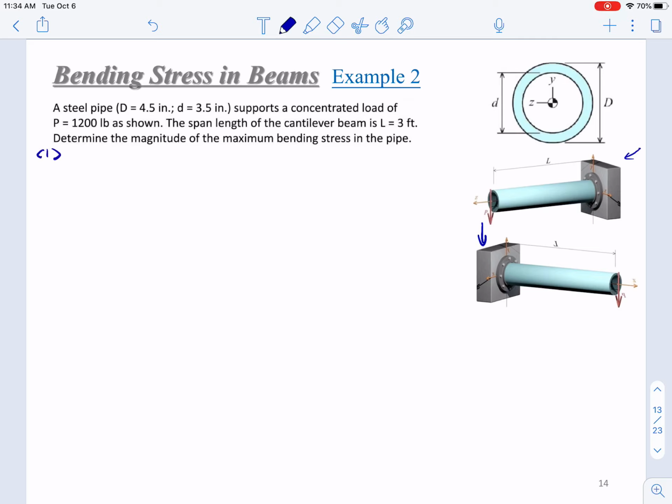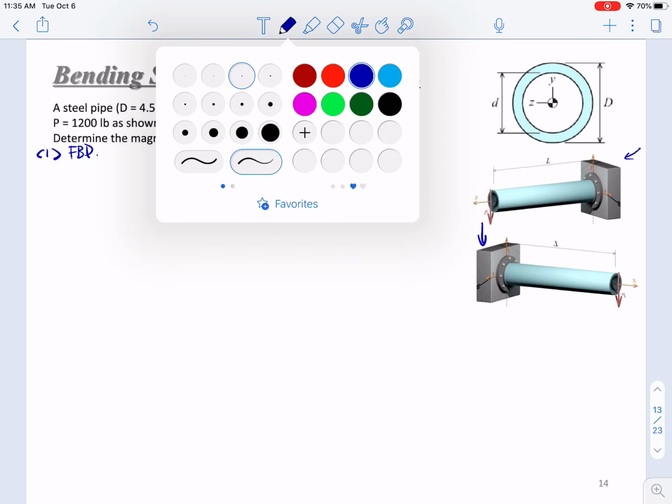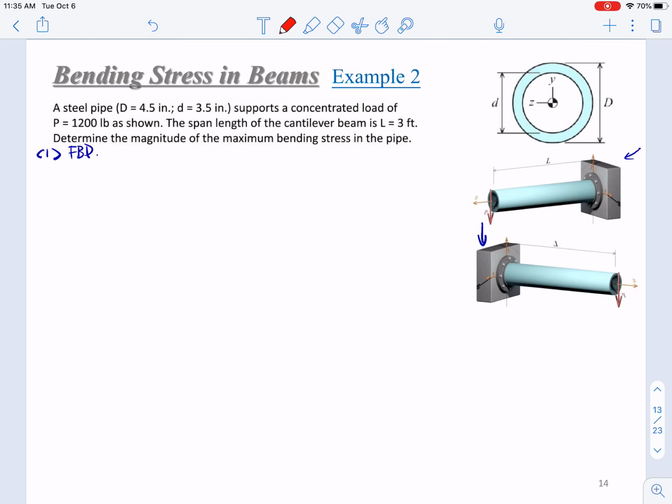Step 1, we start from the free body diagram, to analyze the reaction forces and the internal forces. At the left end, here we have AX, AY, and M. The steps of analysis will be exactly the same as example 1. So here we have AX equals 0 and AY equals P, that is 1,200 pounds.